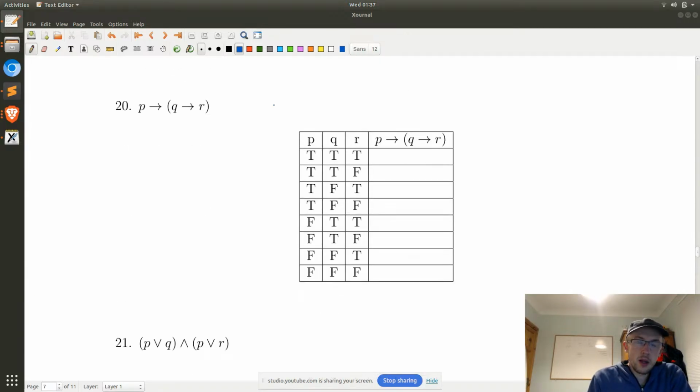Okay, next we have P implies Q implies R. Okay, so if P is false, then the whole thing is true. And if this is false, then the whole thing is false.